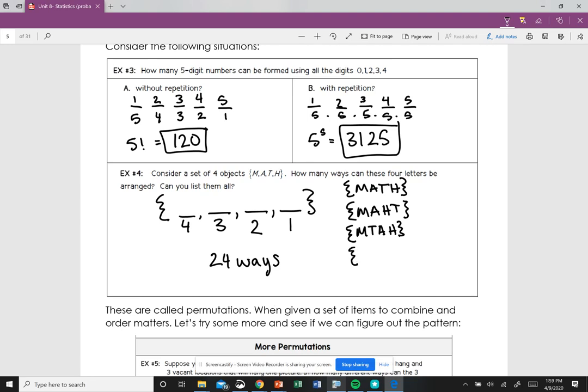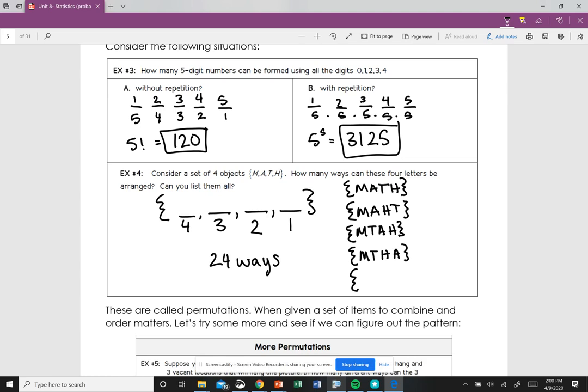So I've almost got the 4. And then we've got M-T-H-A.